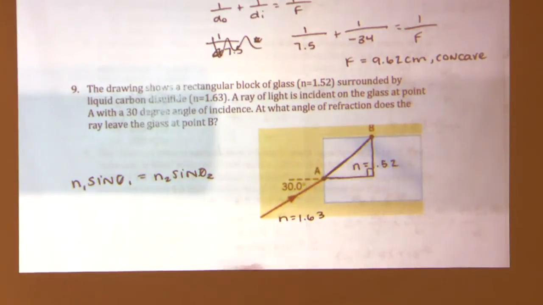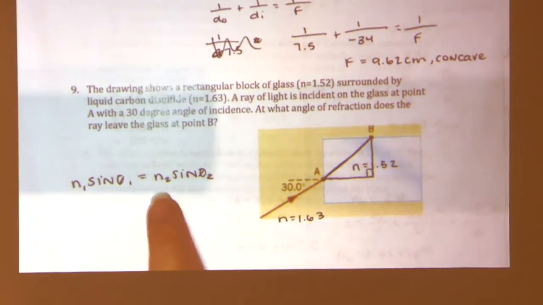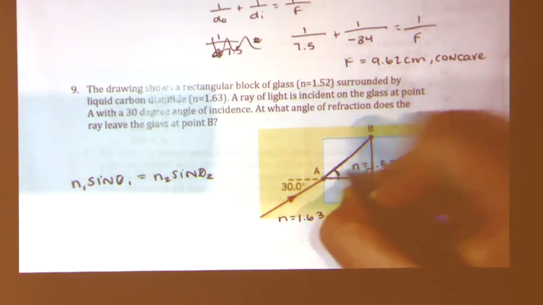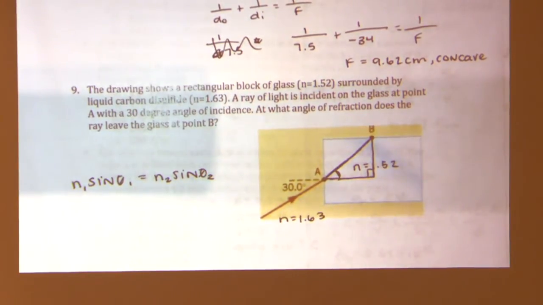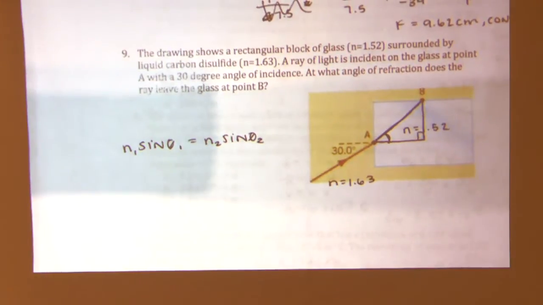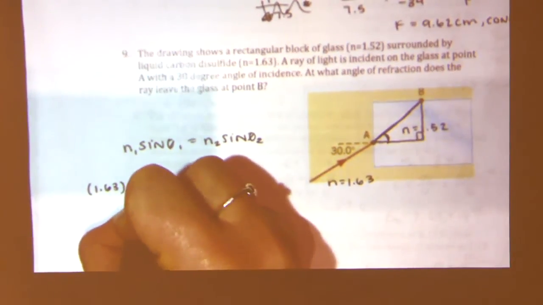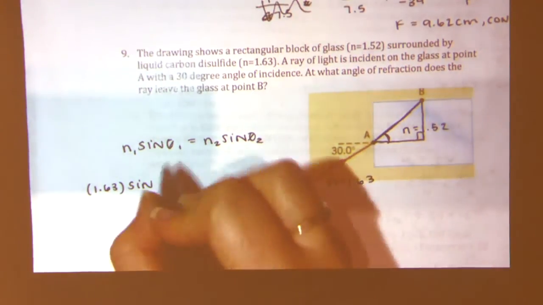So our first act of doing Snell's law will be us finding this angle right here. Okay, so let's go ahead and plug this in. N1 will be the n that we're starting in, which will be that 1.63. Sine theta will be our angle of incidence.